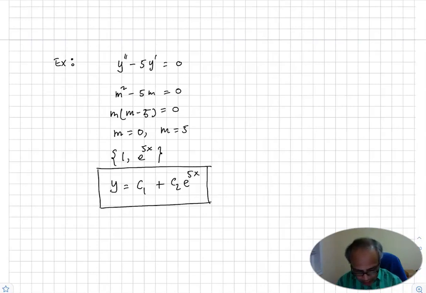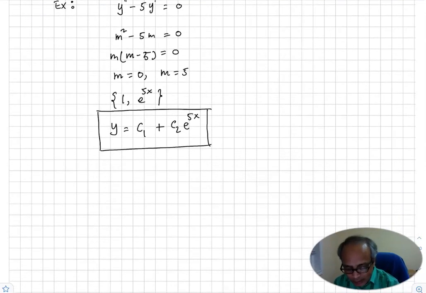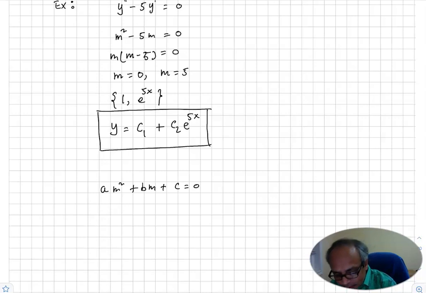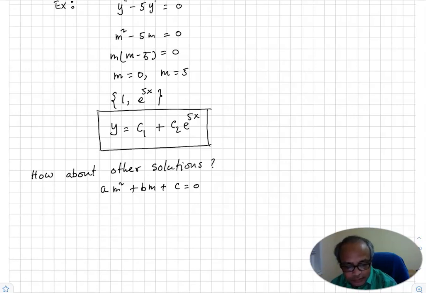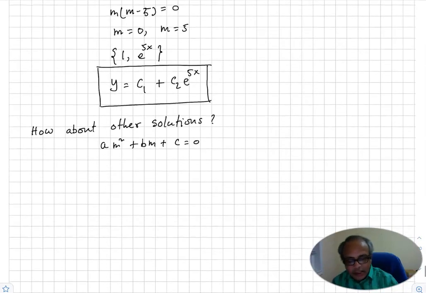But how about other cases? So you think this way, maybe I can write it down here. Say you have a m squared plus bm plus c equals 0. Maybe just to mention what we are doing here, other solutions of the characteristic polynomial.